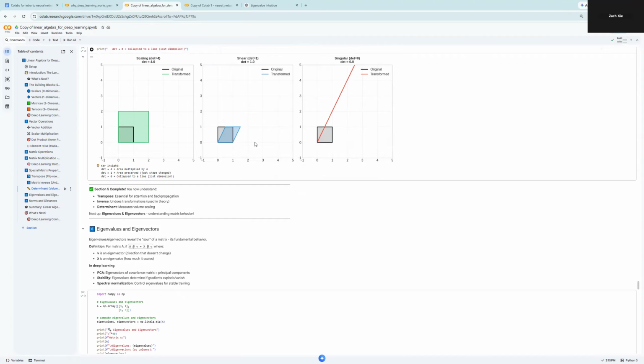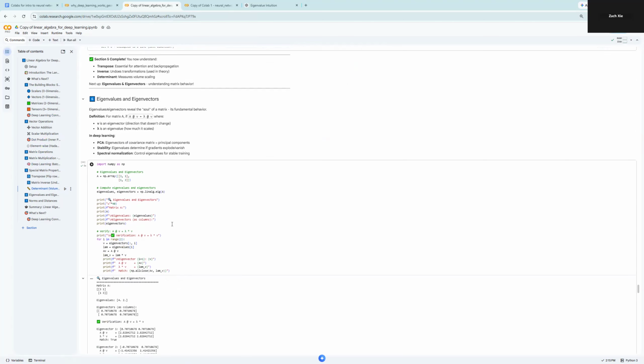It remains the same. It doesn't get rotated. It doesn't even get scaled up. So you would have an eigenvalue equal to one on that direction. So eigenvalues and eigenvectors just measure what's unchanged, or what's the effect of a linear transformation.